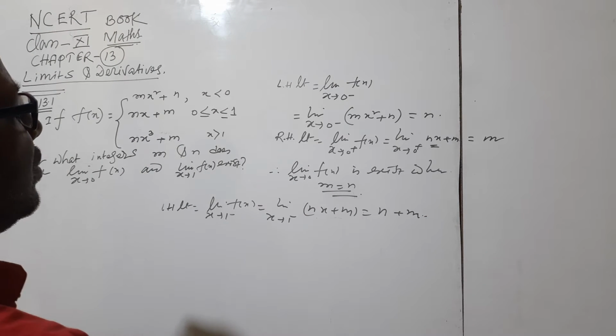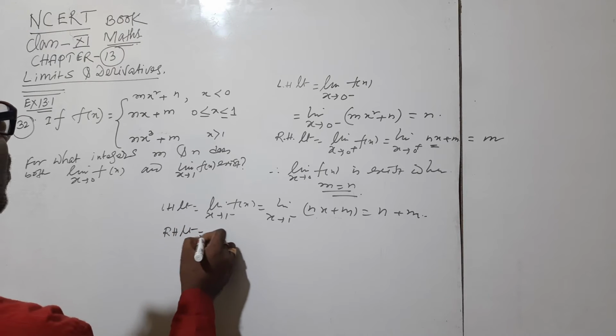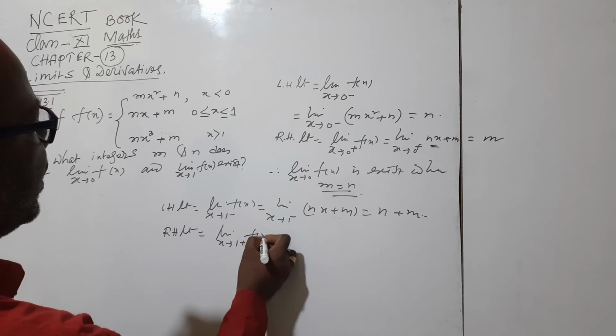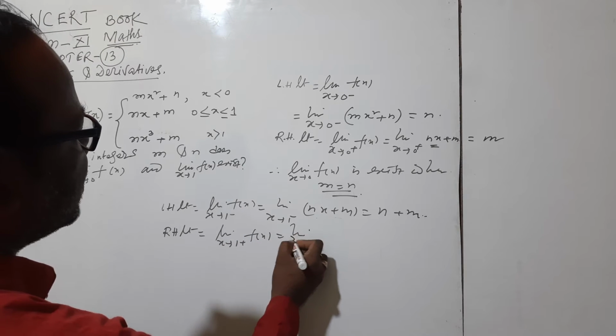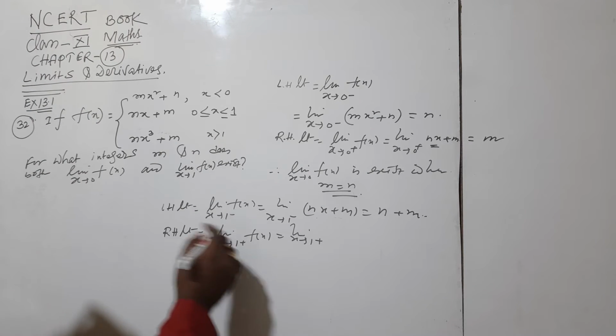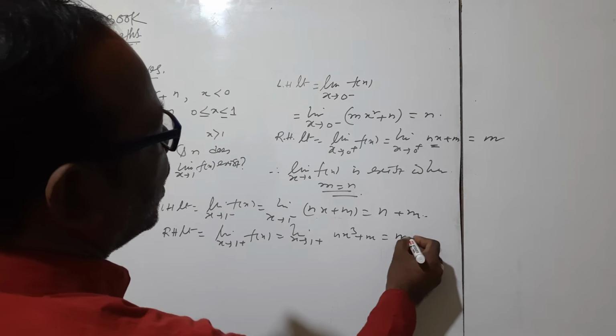Now the right hand limit is the limit as x tends to 1 plus of f of x, where x is more than 1. This is nx cube plus m, so this is m plus n.